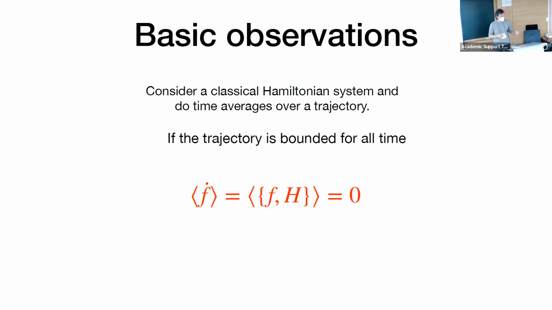So just from knowing that you're doing averages over all times, you can deduce a lot of statements about averages of certain functions without actually doing any work. So the Poisson bracket of f and H vanishes automatically. There is a huge list of things that you know already without doing any work in terms of averages. The idea is, can you actually solve everything using this information?